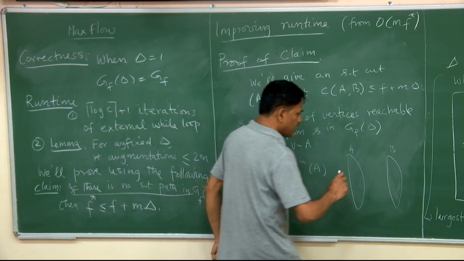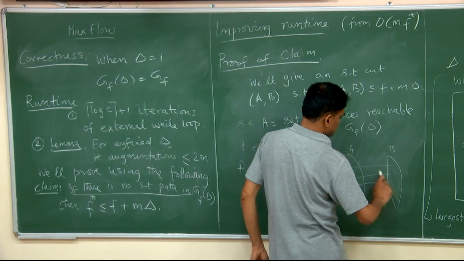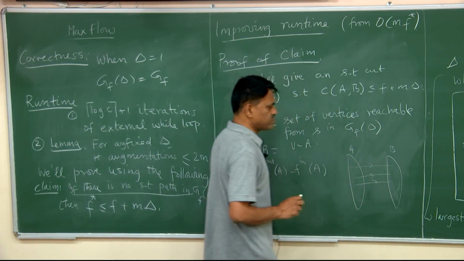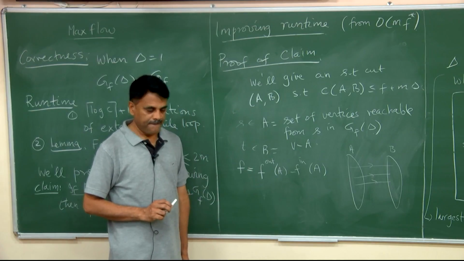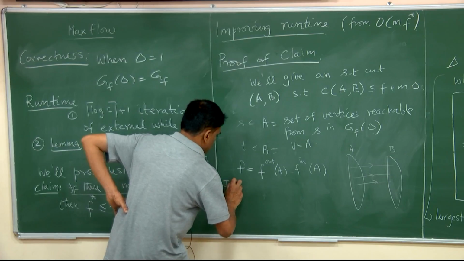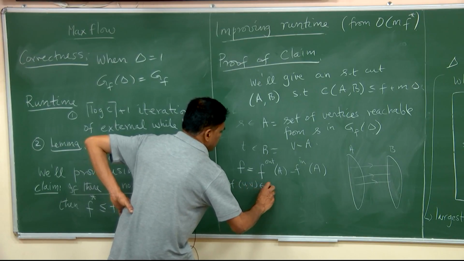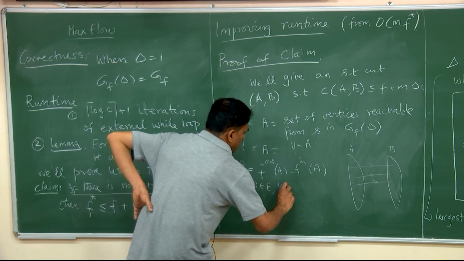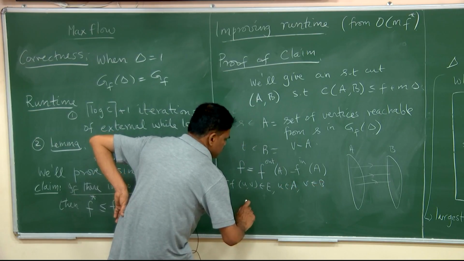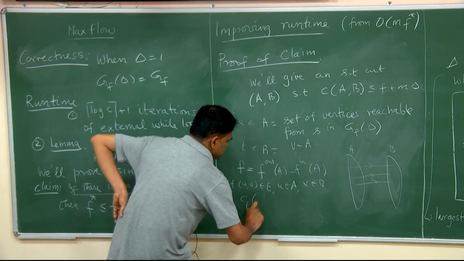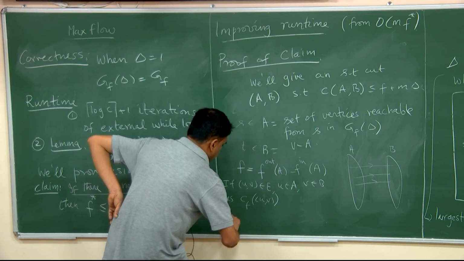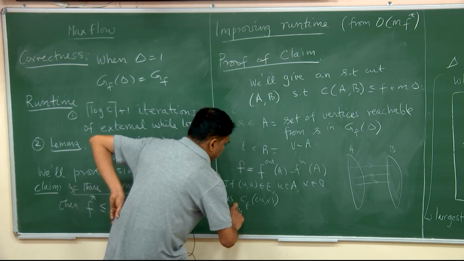Okay, let's look at the edges in this direction, right? What is their residual capacity? If UV is in E, U in A, V in B, we can call it CF of UV, the residual capacity. Can we say something about it?